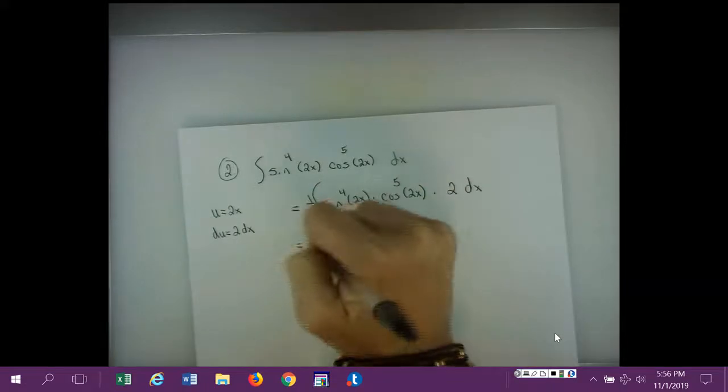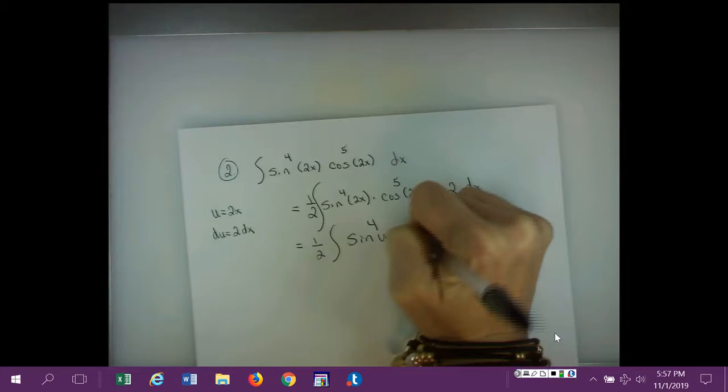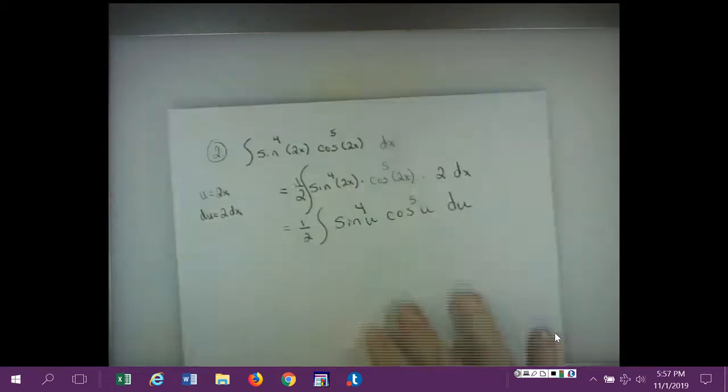When you change over to u, it is sine of u to the 4th times cosine of u to the 5th. And now you can utilize your table. You have to notice that the power of sine is even and the power of cosine is odd to use the table. Going to the table, we're going to follow these rules.